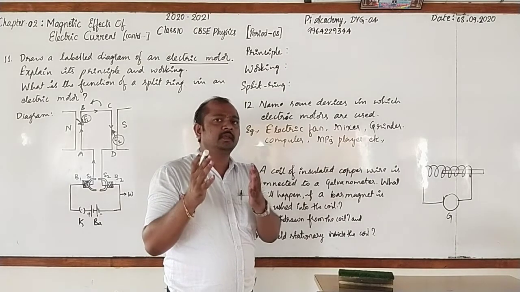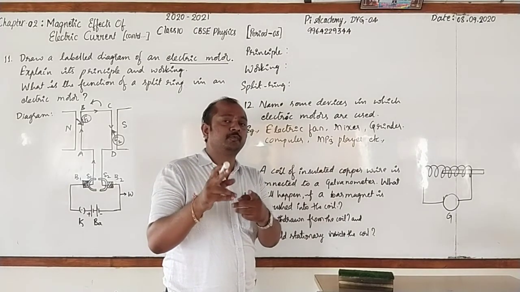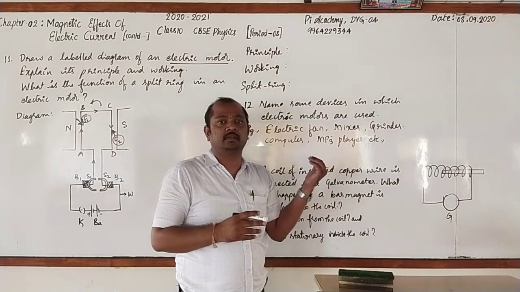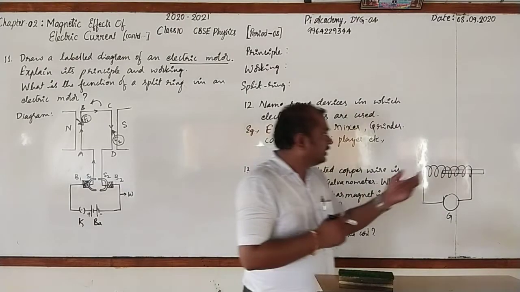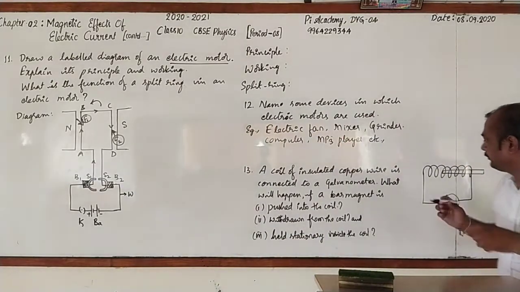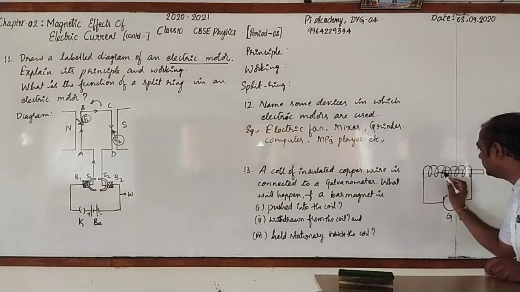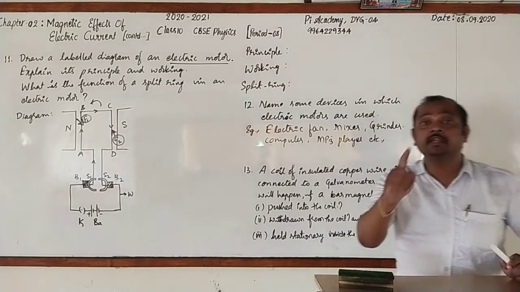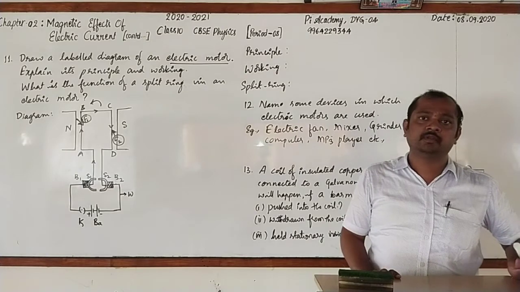Will there be any change in the magnetic field lines when the bar magnet is inserted into the coil? Certainly. See, the field lines are cut by the turnings of the coil. As a result of it, there is change in the magnetic field.